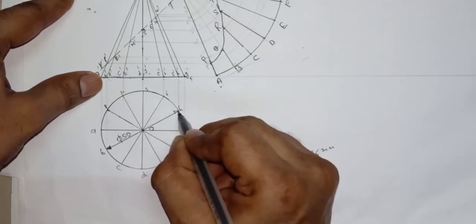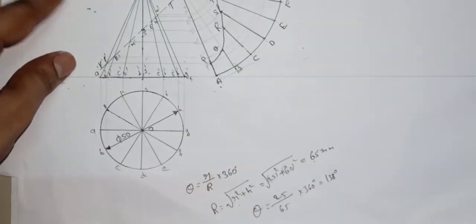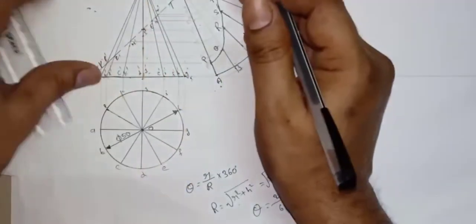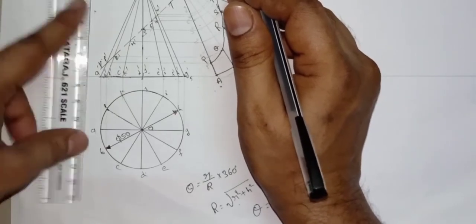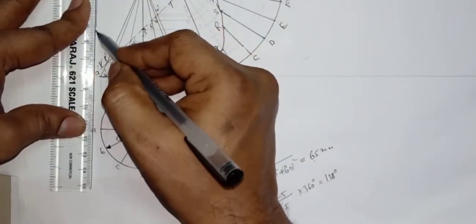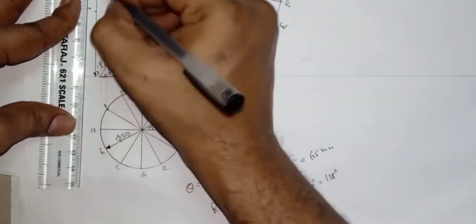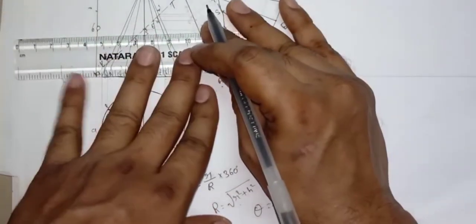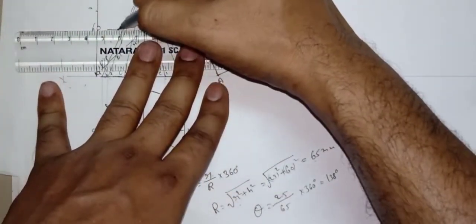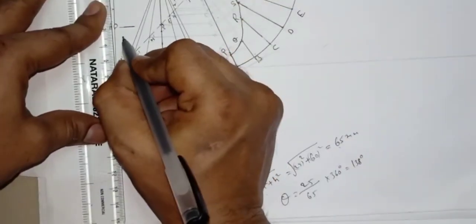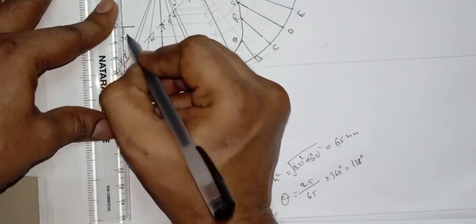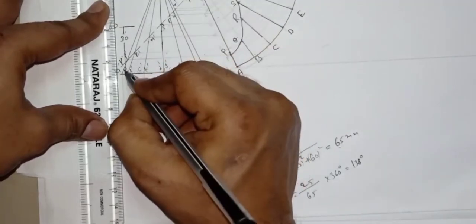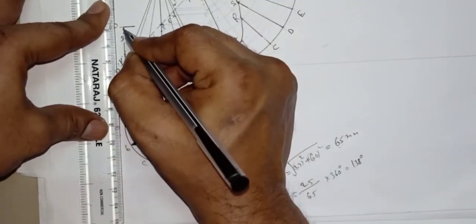This is the diameter of the circle, and then give the distance, the height of the circle, and the height of the circle is 60, and if you want to show the bisecting height also, that is 30 mm. So you should show this side, it's already mixed in with the diagram.